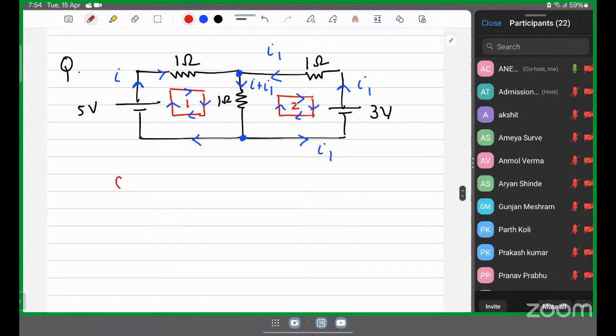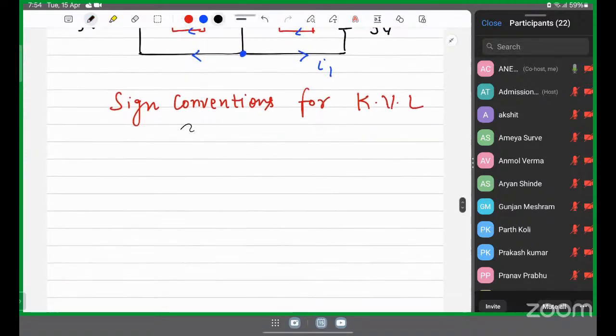Now, what are the sign conventions for KVL? If there is a resistor and the current in the resistor is in the same direction as the conventional current, this will be minus IR.